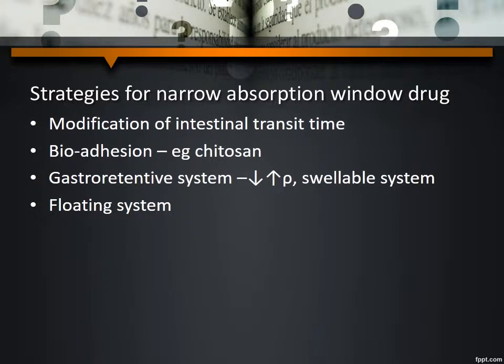There are a few strategies that we can use for dealing with narrow absorption window drugs. For example, we can modify the intestinal transit time, or we can use a bioadhesion excipient, for example chitosan.